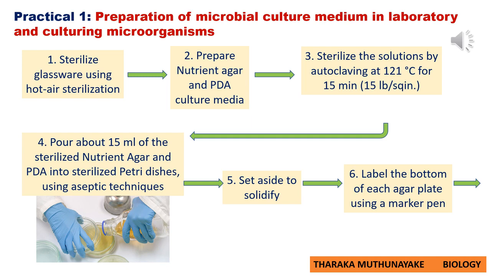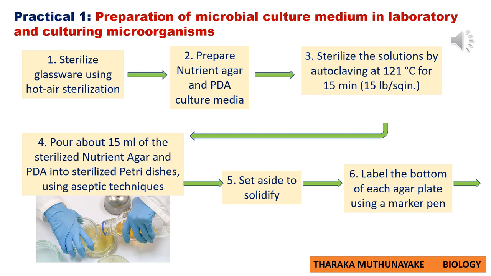microorganisms. Okay, as the first step of preparing culture medium, as we said earlier, we have to sterilize all glassware that is used to prepare culture medium. For that, we can use hot air sterilization or autoclaving. Then as a next step, we can prepare nutrient agar and potato dextrose agar culture media. We discussed the preparation previously.